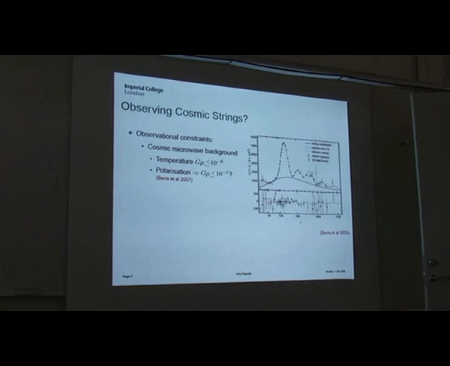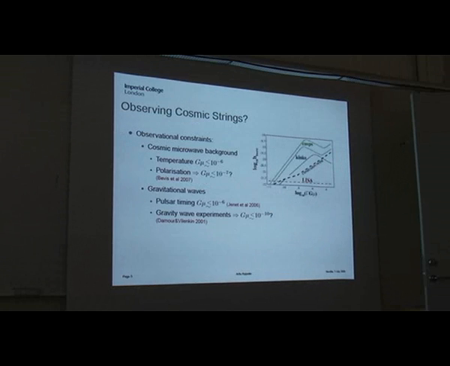Now, obviously, people have tried to look for these, and there are different ways. I won't go into any detail here, but different ways of searching for them in the cosmic microwave background. You can look at first the temperature perturbations that they would generate when they move around, and all their effects are given by this parameter G mu, and essentially the amplitude of perturbations that you would get is given by G mu.